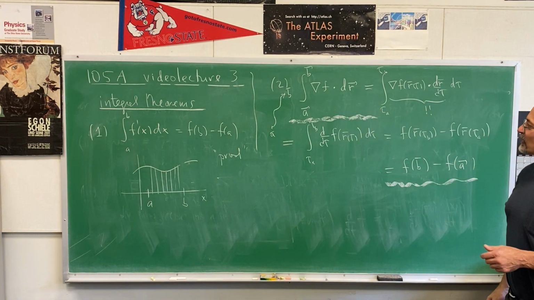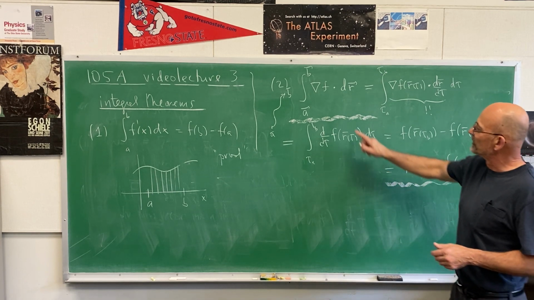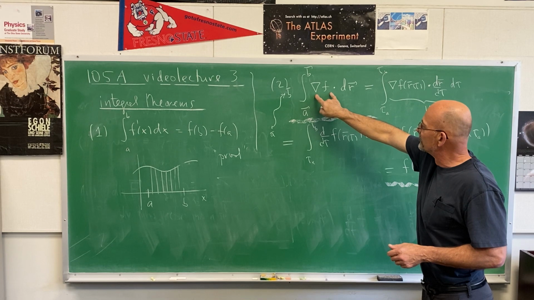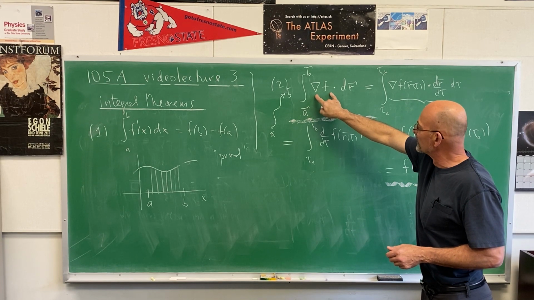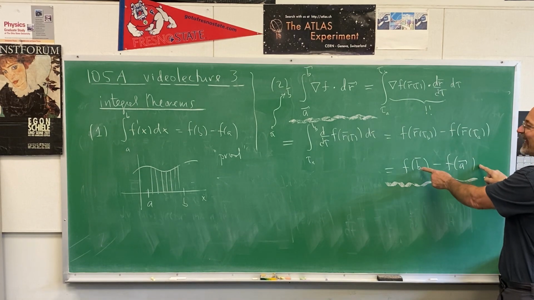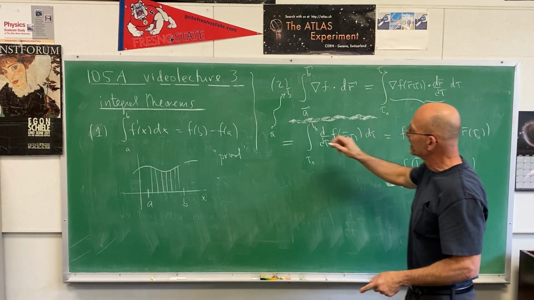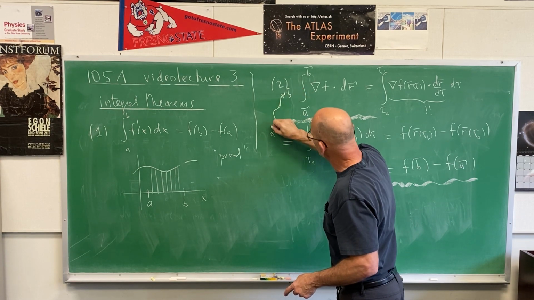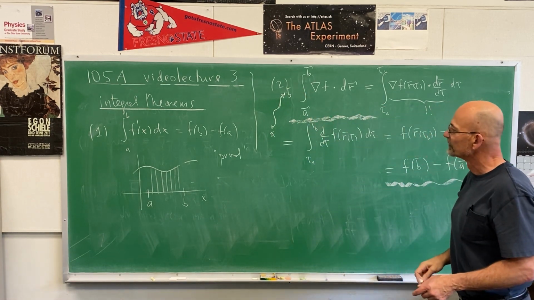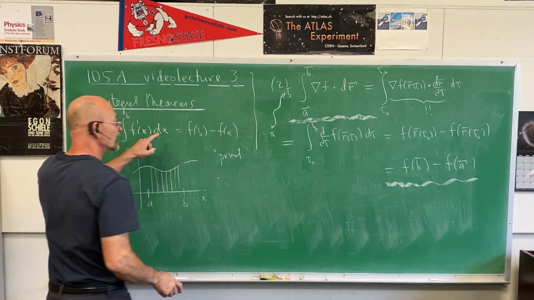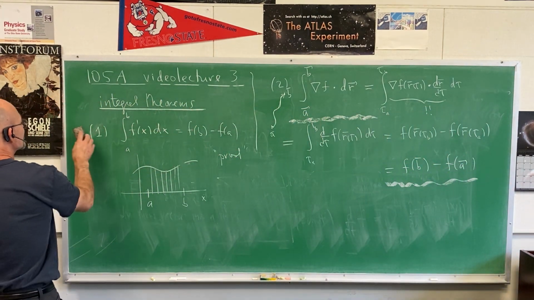So there's our second integral theorem, and it was the gradient of the function integrated along a path is equal to the function at the endpoints of the path. So integrated along this path here, replace it by the endpoint values at the endpoints. So that was in fact this one again, as advertised, slightly different form.